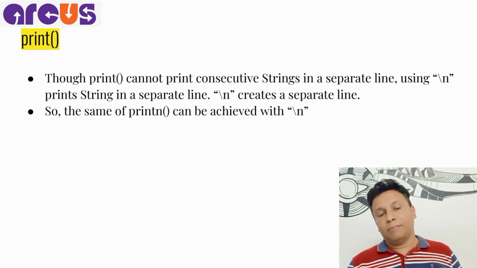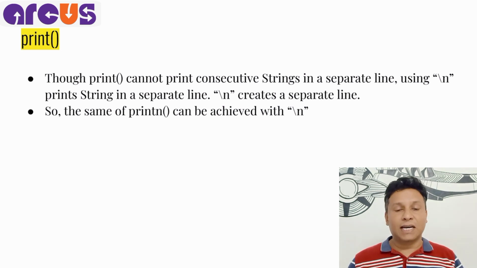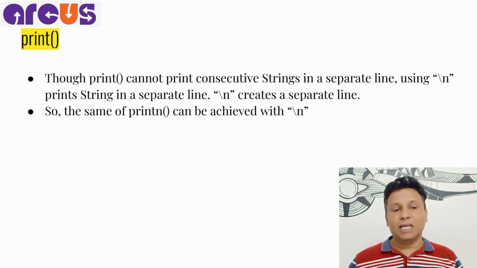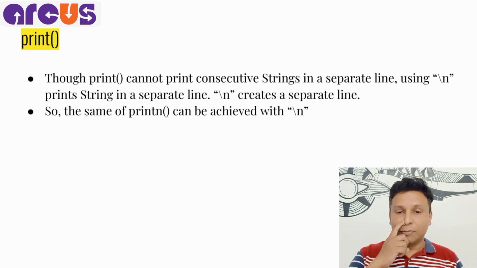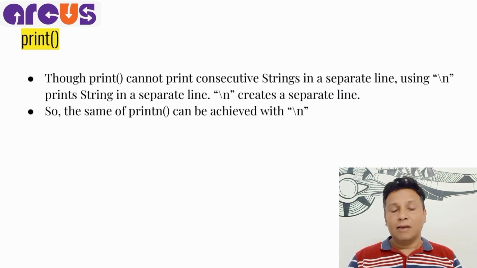Remember, we are talking about the print method, not println. Though the print method cannot print consecutive strings in a separate line by itself, \n in double quotes prints the string in a separate line. So \n creates a separate line for you, and it acts as the println statement. Whatever the println method is doing, the similar thing can be achieved with the help of \n using the print method.